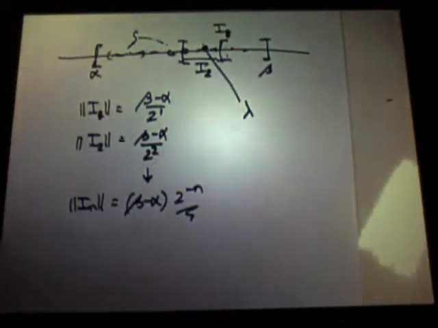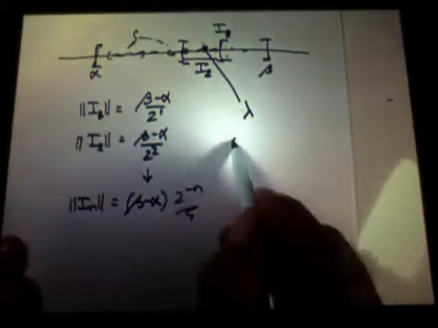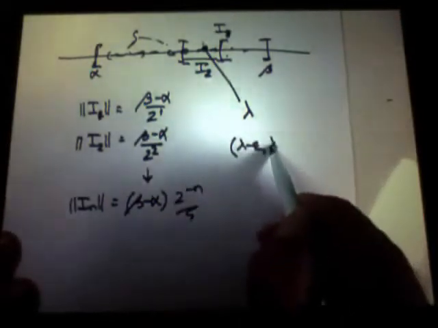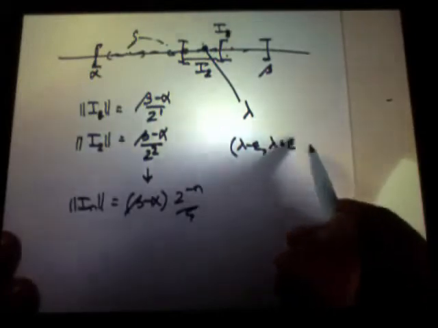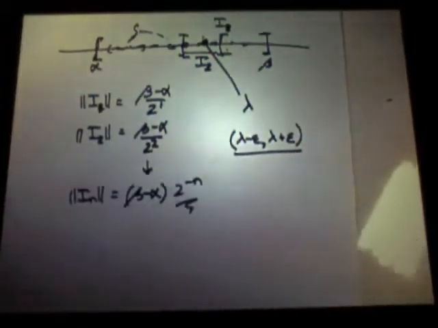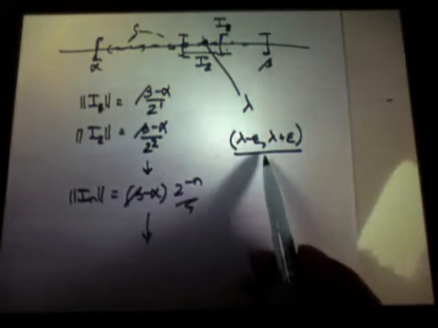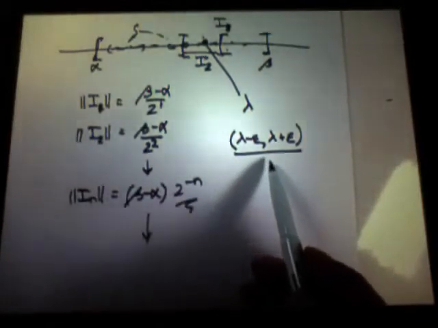Now lambda may or may not be in S, but I claim that given any epsilon, within an epsilon neighborhood of lambda, that is to say, within this symmetric interval about lambda, there are infinitely many points of S. Were that not true, I can go far enough out with my I_n's to put an I_n inside this, couldn't I?